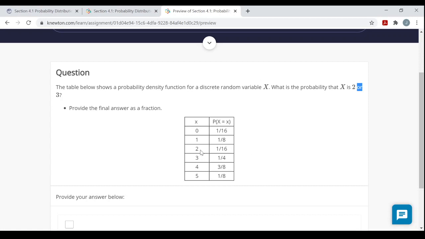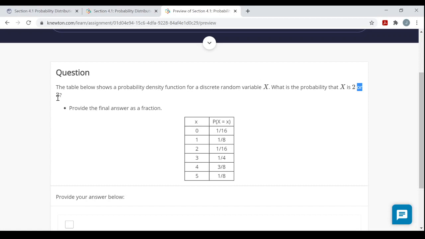Now, according to this chart here, x can't be 2 and 3 at the same time. So these are mutually exclusive events, right? X being equal to 2 and x being equal to 3 are mutually exclusive or disjoint events. Remember, they can't happen at the same time. So when I want the probability that x is 2 or x is 3, I'm just adding those up.